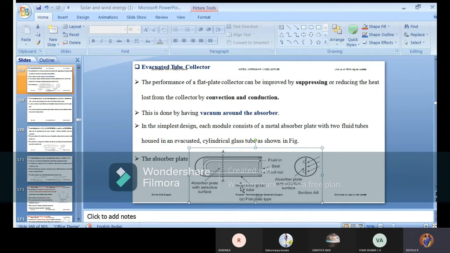As usual, outside you have the evacuated glass tube with the absorber element. The filled area acts as an absorber plate, and whatever heat is absorbed from the sun is given to the tube where the fluid is present.